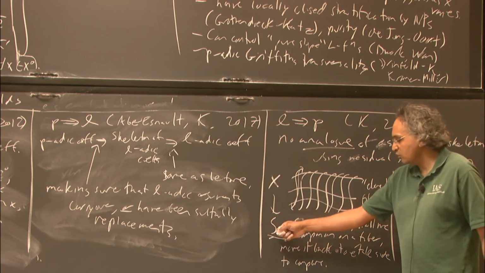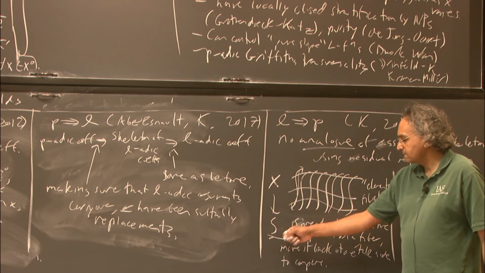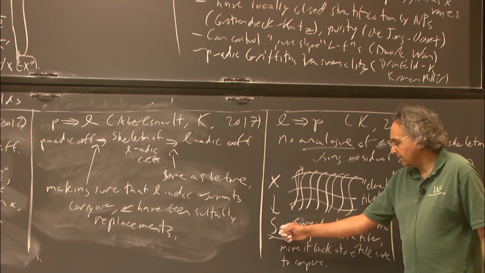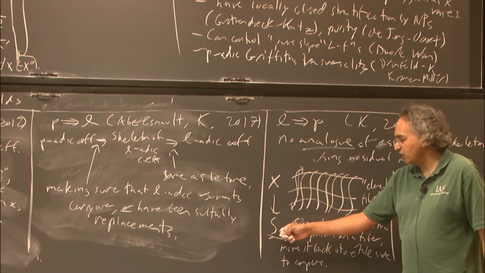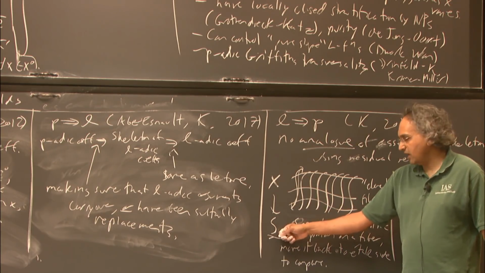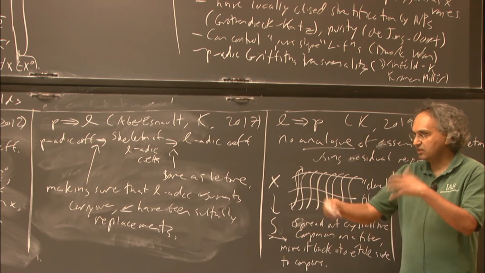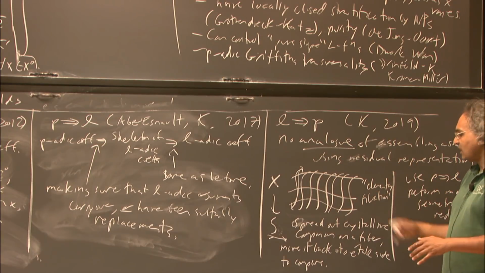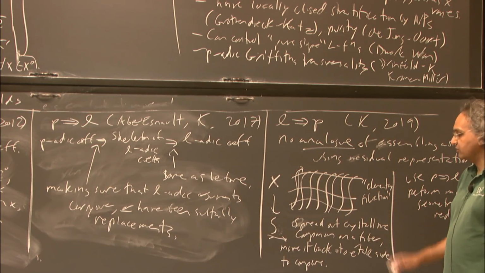And since I'm working by induction, I know that everything defined on S, or things of the same dimension as S, have crystalline companions. So I can correct for that twist.